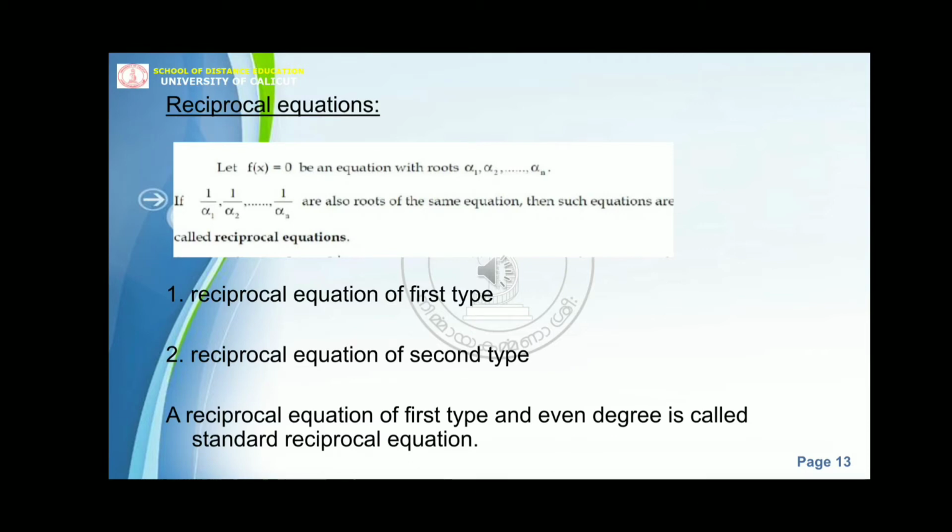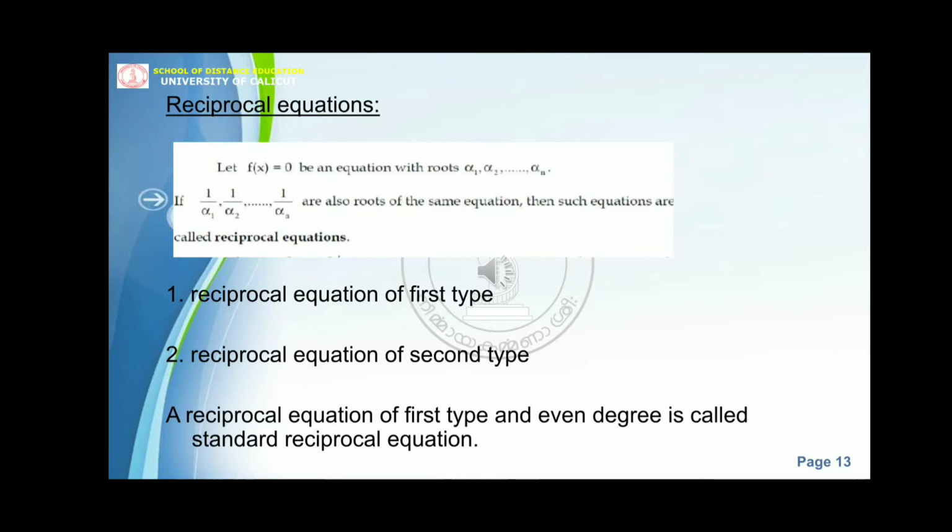Suppose a0 x raised to n plus a1 x raised to n minus 1 plus dot dot dot up to an equal to 0 is a reciprocal equation with roots alpha 1, alpha 2 up to alpha n. Then 1 by alpha 1, 1 by alpha 2 up to 1 by alpha n are also roots of the same equation. This forces the coefficients of the polynomial to satisfy either of the following conditions.